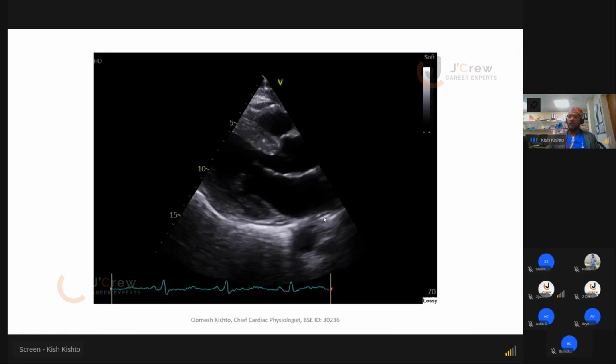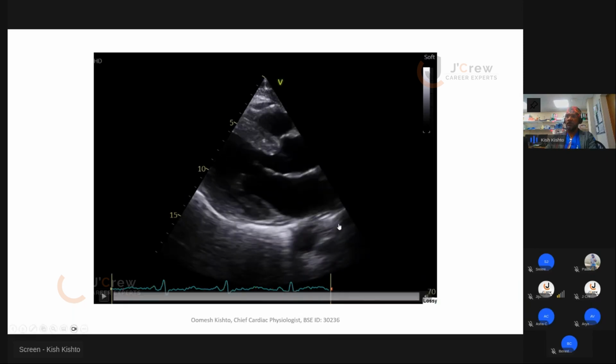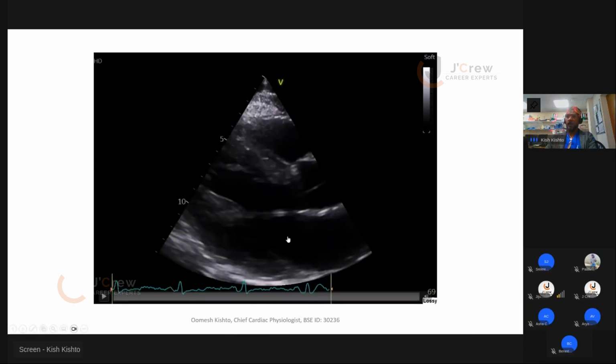So like I've already said, this is an assessment of regional wall motion abnormalities as well as everything of the minimum data set. Okay, so although this patient had a heart attack, we're looking for the LV function and any regional wall motion abnormalities, but we will still look at all the other features as well. So as you can see, I took my first image there, and then I've optimized.